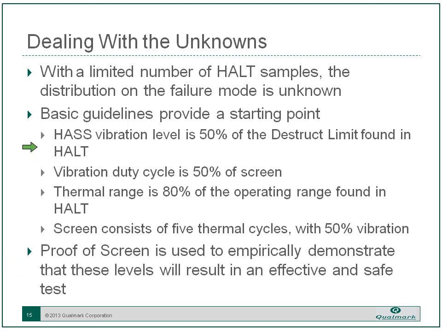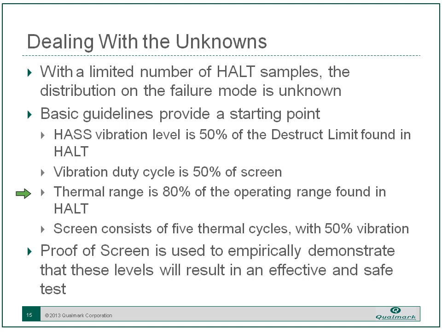Now you'll notice that the HASS vibration level is backed off a significant amount, whereas the thermal range is not really backed off that much. The vibration portion is truly accumulating fatigue on the product. So by backing that off to half, we're dramatically reducing the fatigue that we accumulate in the product that might contribute to a shortening of life.